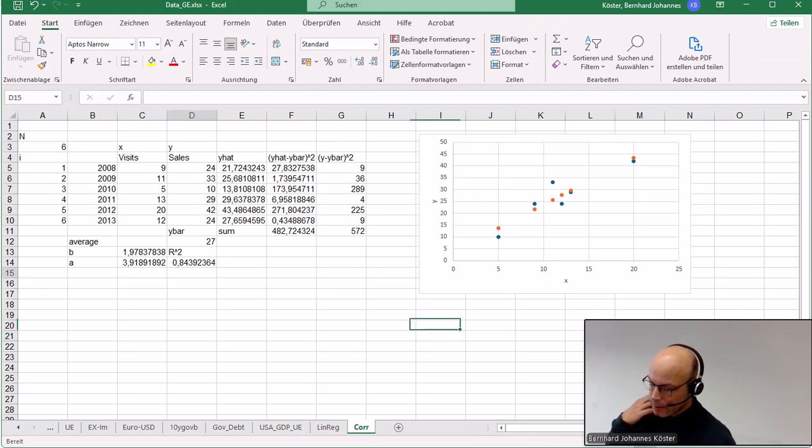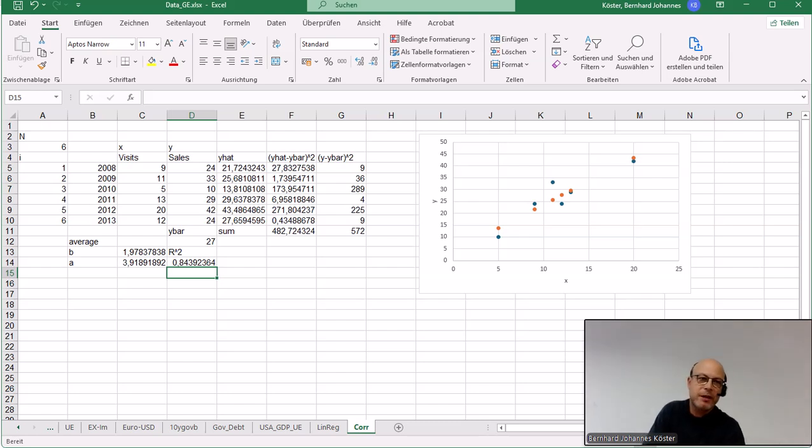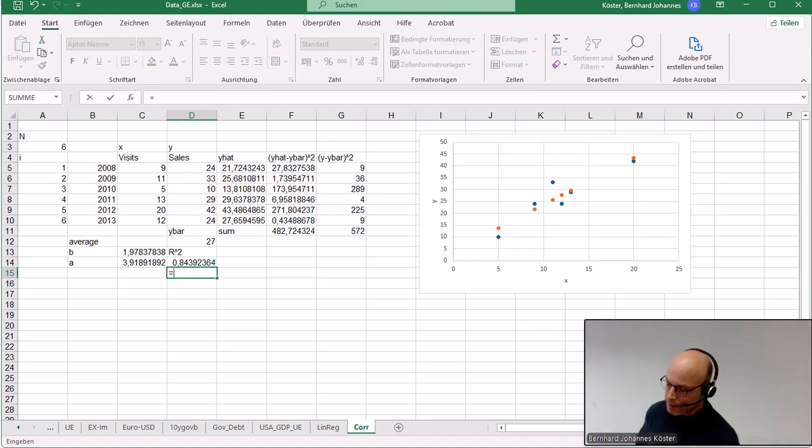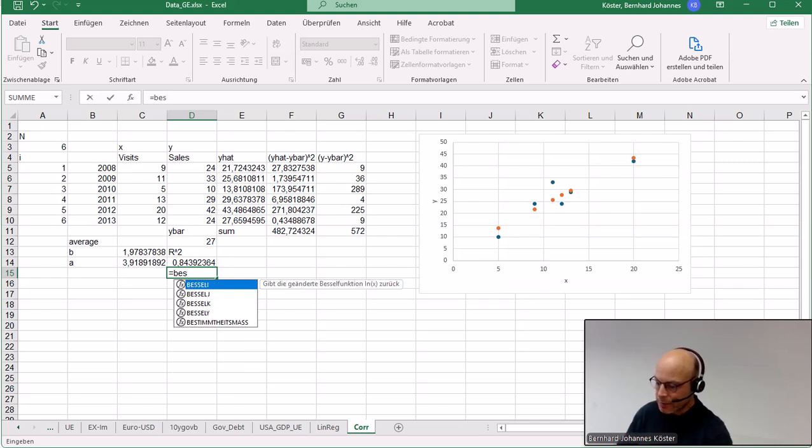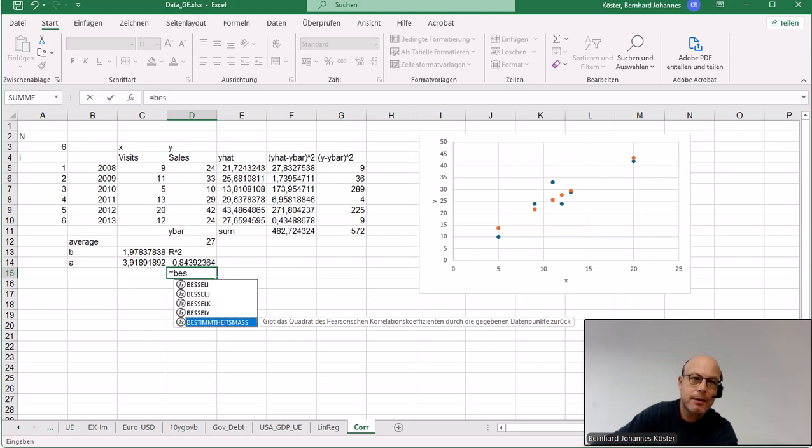So, and surprisingly, also in your software package, of course, you have directly a formula, and in German it is called Bestimmtheitsmaß, coefficient of determination.